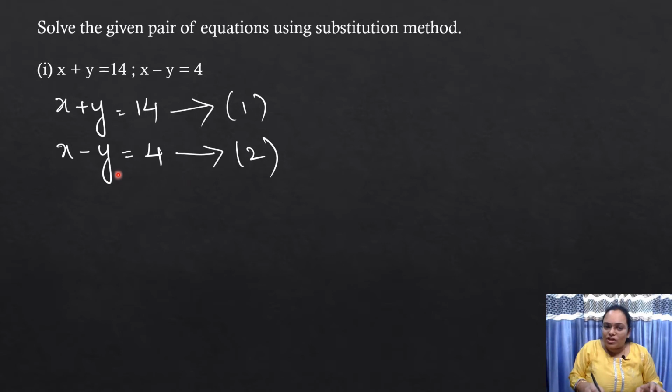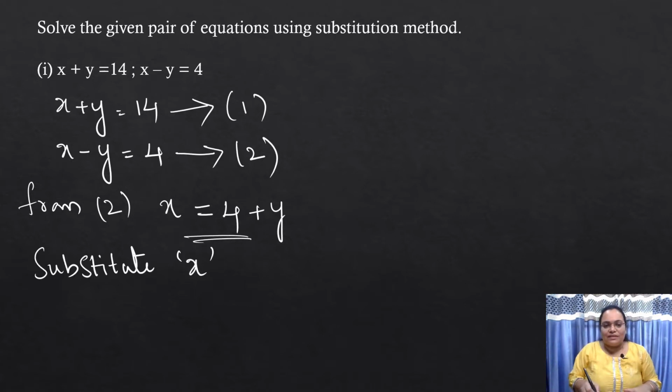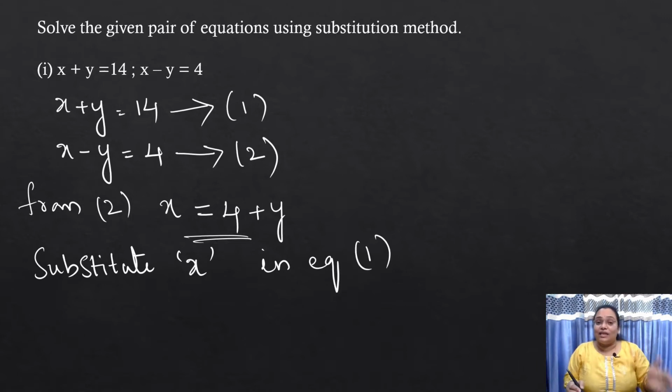From equation 2 we will find the value of x. From equation 2, x = 4 and we send this minus y to the RHS, that is plus y, so x = 4 + y. We will substitute x in equation 1, the other equation.